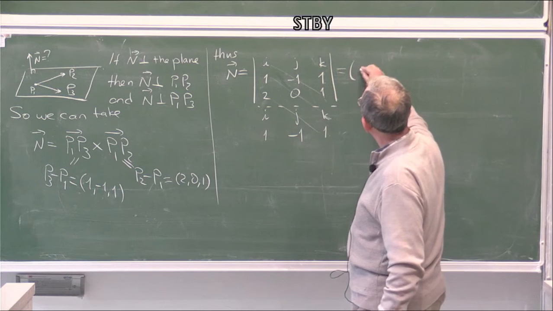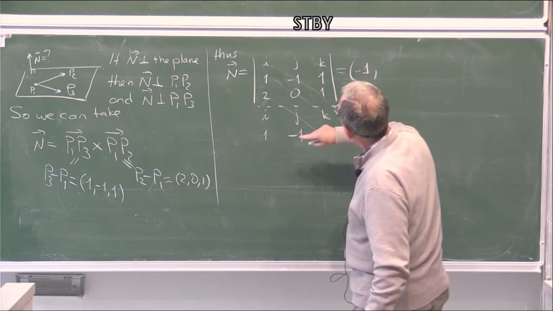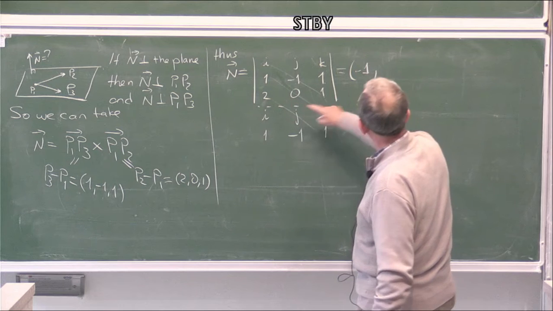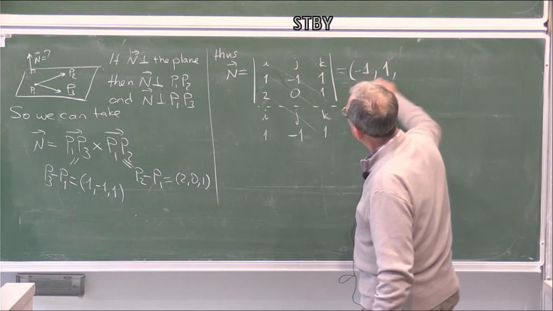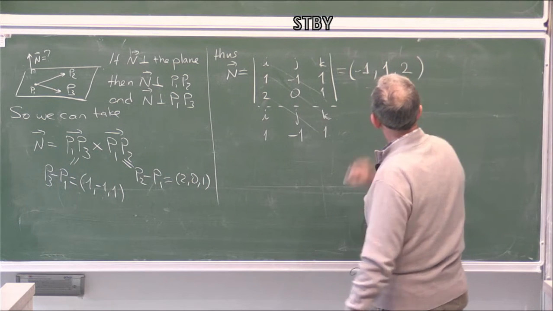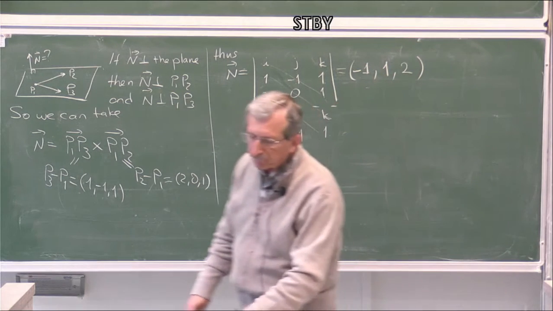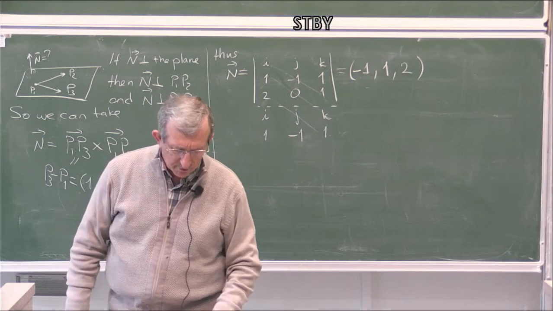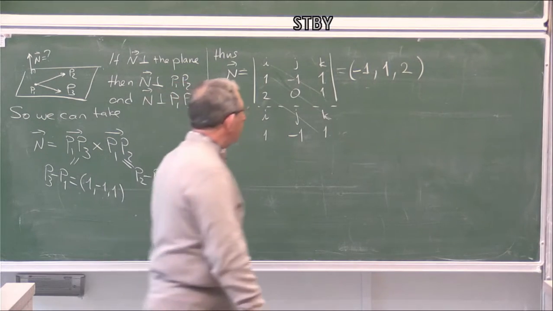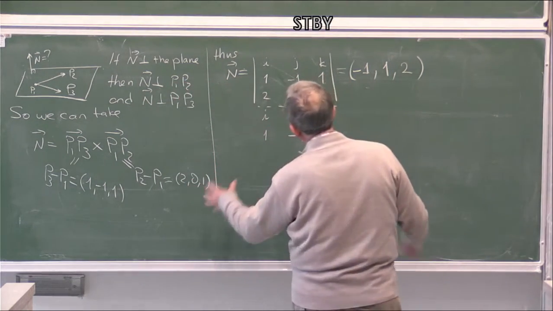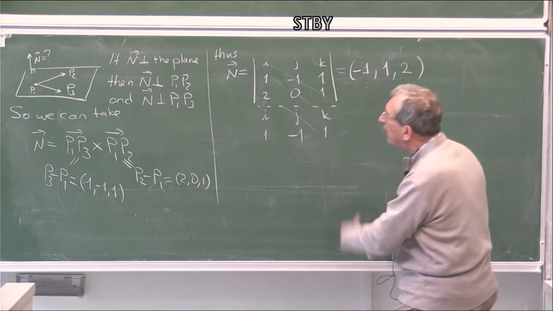That would be minus 1, and that would be plus 1, and finally 2. Let me see. Yes. Now we know a point, and we have a perpendicular vector.